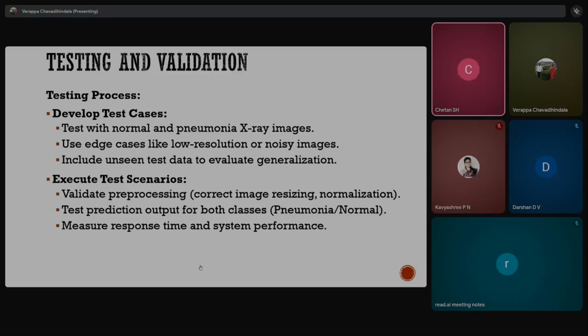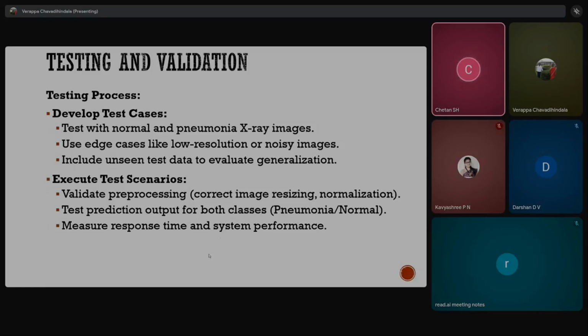In executing test scenarios, we validate pre-processing steps, which ensures the images are properly resized and normalized. We test prediction output for both classes, pneumonia and normal, and measure response time and system performance to evaluate speed and efficiency.